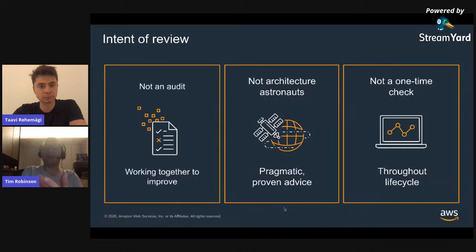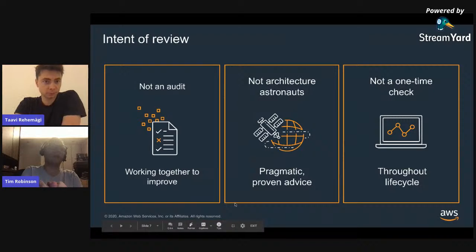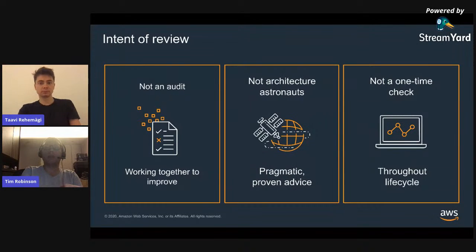We use each one of those pillars really in a review context. So we can talk through the intent of a review now. Again, working left to right, when we run a review with customers, it's really intended just to provide insight into best practice for AWS. It's not intended as an audit. We have customers sometimes concerned that it's aligned with an audit, or somebody's going to turn up with a clipboard or something of that nature.